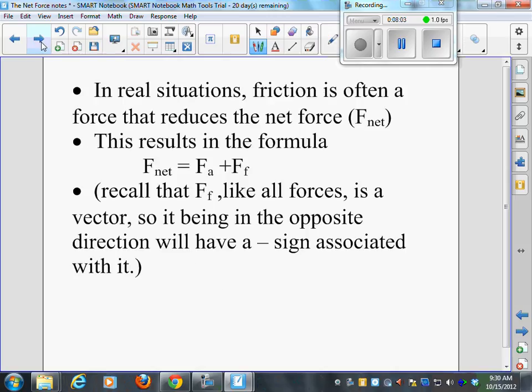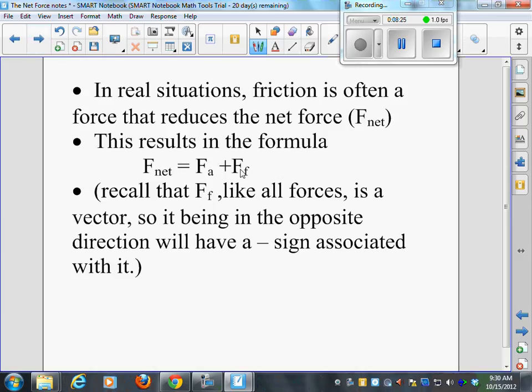In real situations, friction is often a force that reduces the net force, and it quite often causes problems when we do labs. This results in the formula F net equals FA plus FF, and I hope you remember that from grade 11. Remember that FF, like all forces, is a vector, so it being in the opposite direction will have a negative sign associated with it. So I would prefer that you write F net equals FA plus FF.